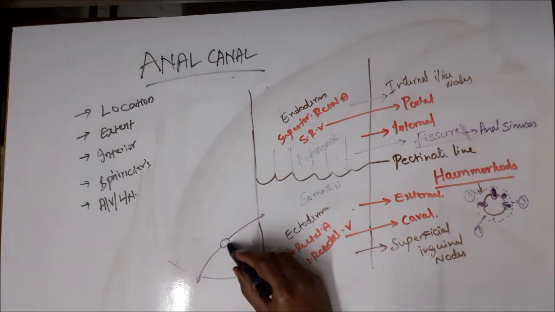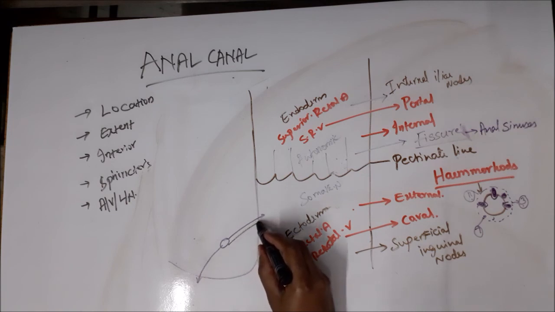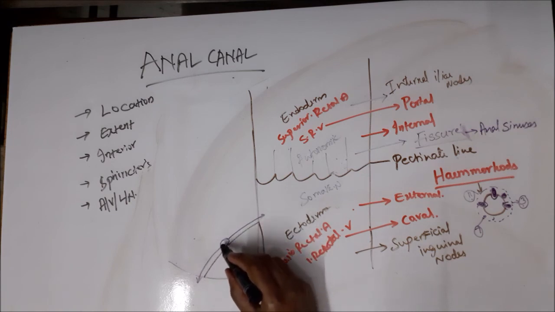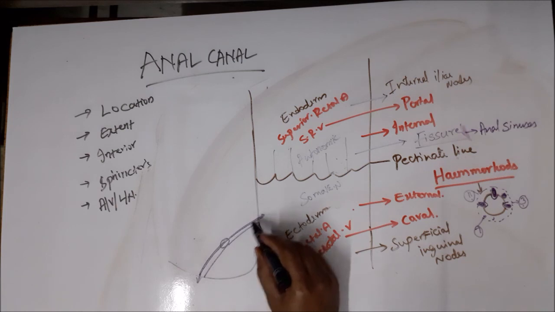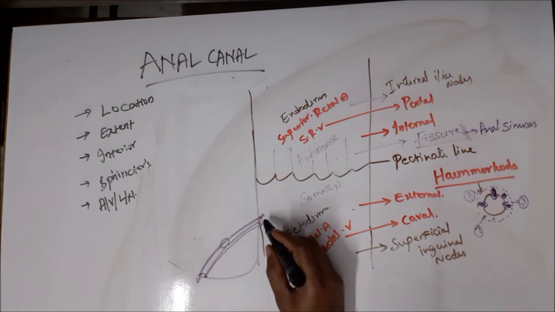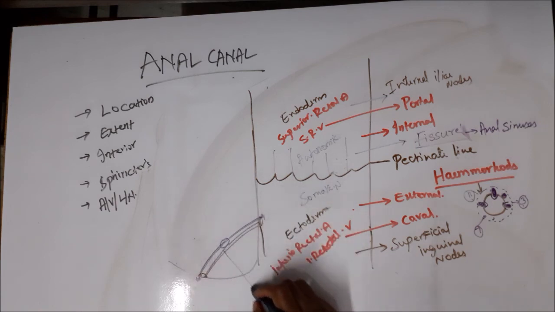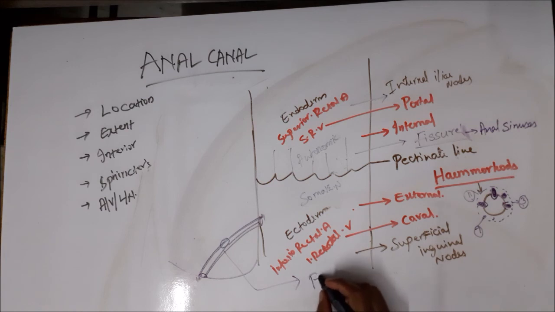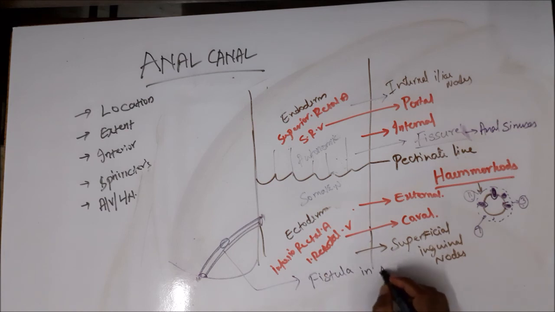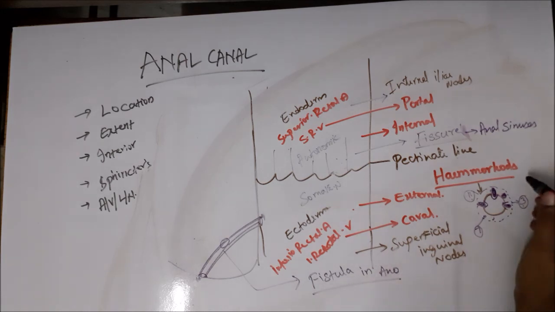If this infection is not controlled, this entire thing will form a tract. This tract has two openings, one in the anal canal and one outside on the skin. This is called a fistula in ano.